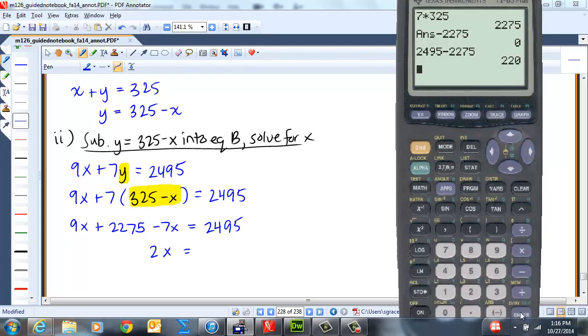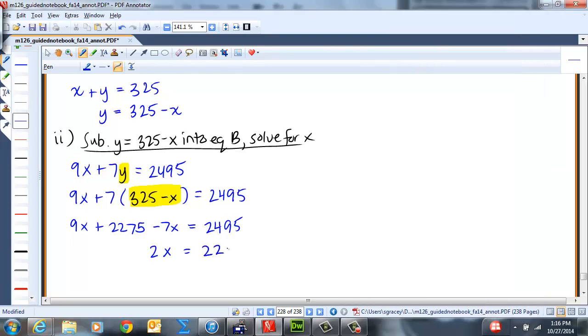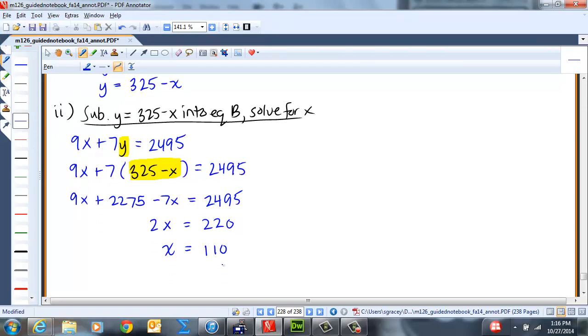Enter. 220. And therefore, x would end up being 110. And we'll go ahead and check this at the end of the day.